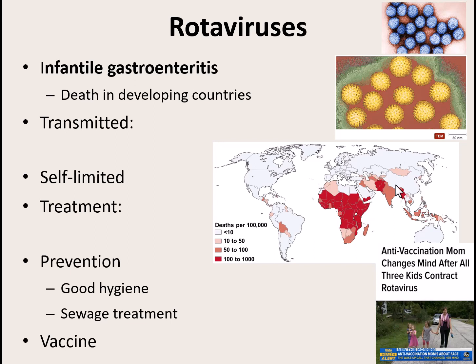So the treatment is replacing fluids and electrolytes because you've got diarrhea. Now, our best prevention is good hygiene as well as sewage treatment, and we now have a vaccine. It's about 75% effective, but up until a few years ago when that vaccine came out, 100% of children had picked up rotavirus at some point.